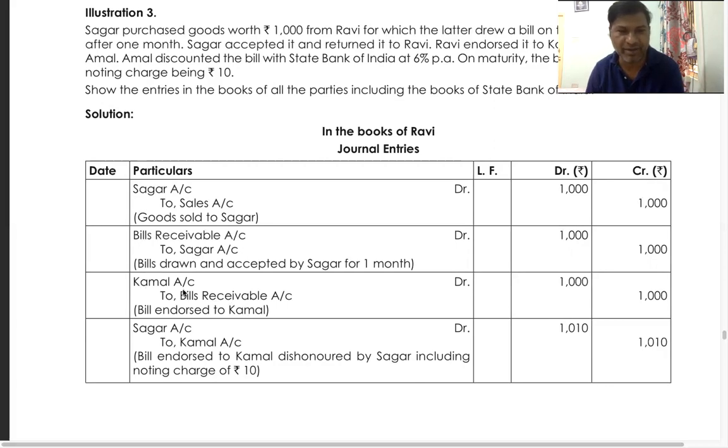When the same is dishonored, Sagar to Kamal, 1,010 rupees, being bill endorsed to Kamal, dishonored by Sagar, including noting charge of 10 rupees. This is in the books of Ravi. Next, let us look in the books of Sagar.